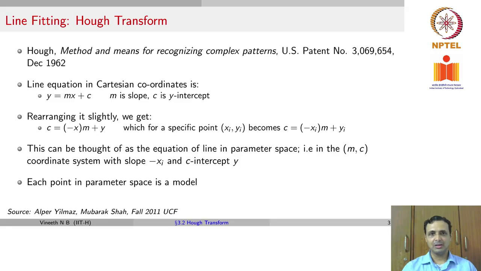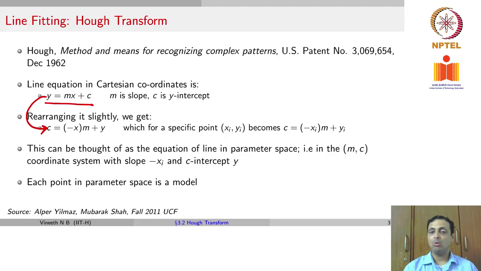Let's start with the simple equation of a line in Cartesian coordinates, which we all know is y equals mx plus c, where m is the slope and c is the y-intercept. You could just play with the terms in the equation a little bit and write this as c equals minus x times m plus y.